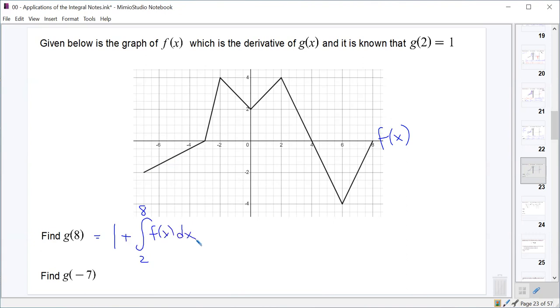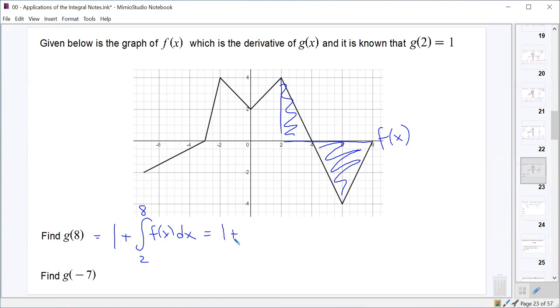If we think about it like we're starting all the way over here, we got some integral all the way over to 2 that ends up equaling 1. And if we then want to go the rest of the way to 8, it's 1 plus whatever's this area and this area. So that's what we're going to do.